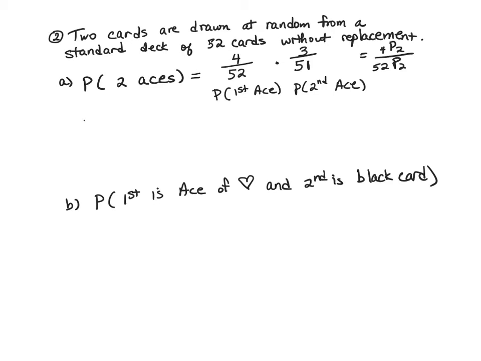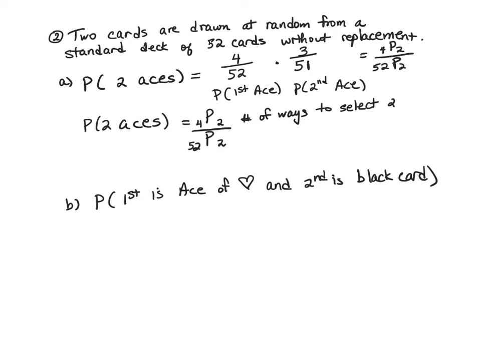So another way to do this problem is to say that we are selecting 2 aces from 4 divided by the number of ways to select 2 cards from 52. So let's write this down. So this represents the number of ways to select 2 aces from 4.